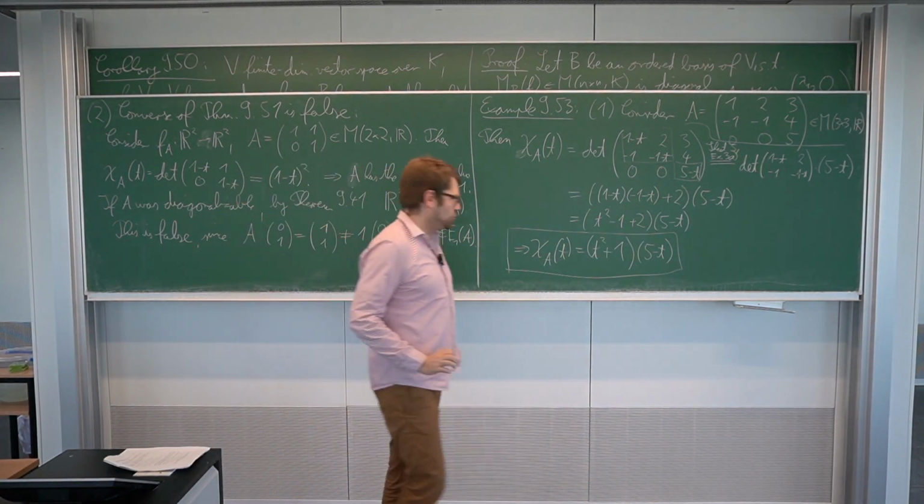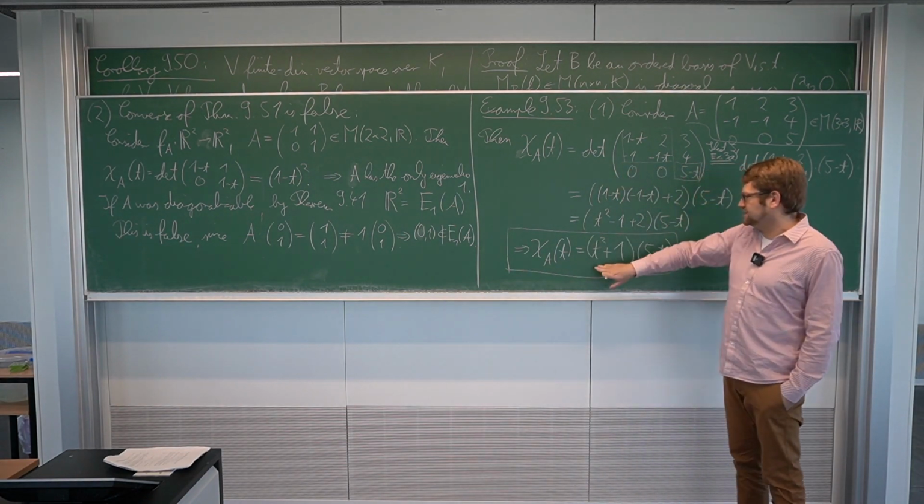Taking a look at this characteristic polynomial, this tells us some things, because we have this polynomial that I already mentioned. It's especially the same here, t squared plus 1.